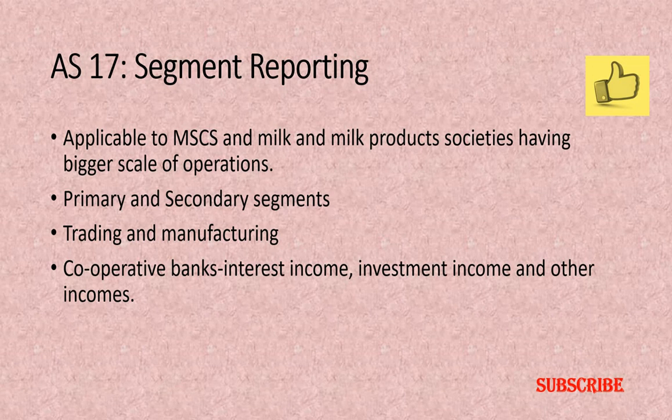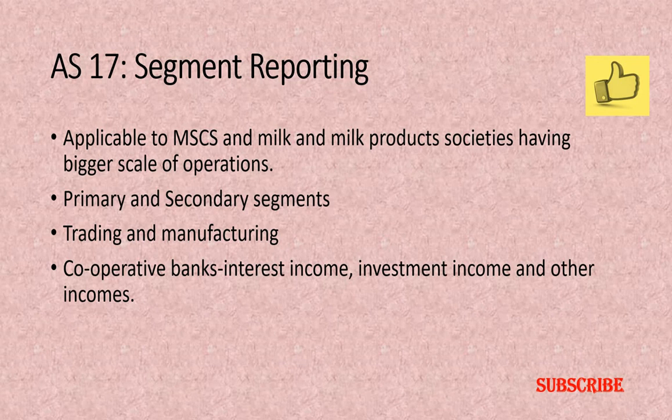So when cooperative societies are working on a large scale, in such cases AS 17 will be applied. When they have a separate segment, for example, milk, and the revenue from one segment is more than 10% of the whole revenue, then this standard is applicable.